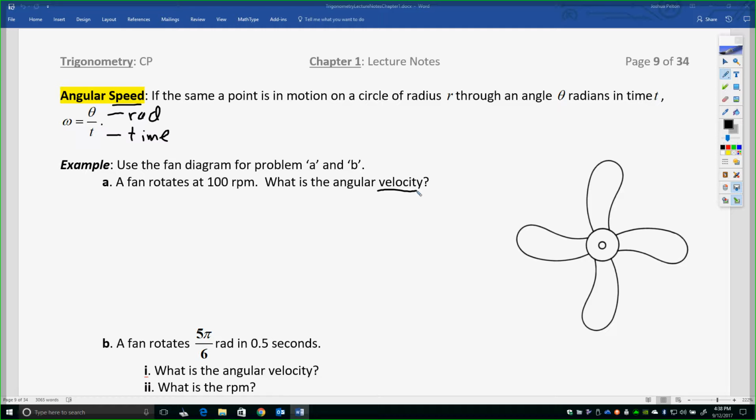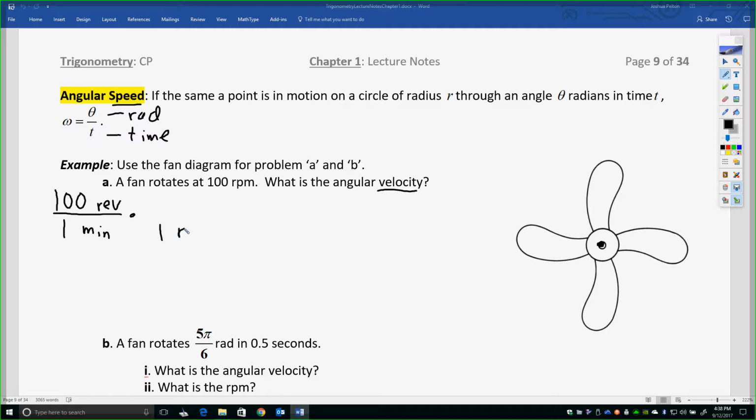Okay, so first problem, a fan rotates at 100 RPM. So we don't care about the size of the fan. All we care is the center part spun at 100 RPMs, and RPMs stands for revolutions or rotations per minute. So 100 revs per 1 minute is equivalent to 100 RPMs. But again, we always want radians, not revolutions.